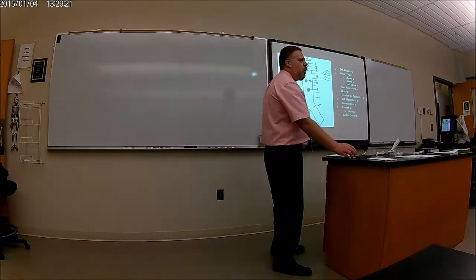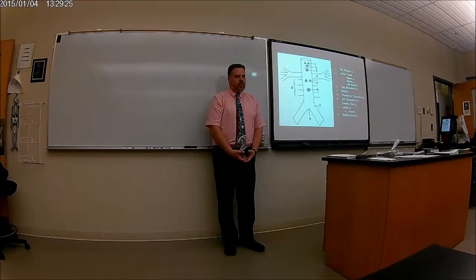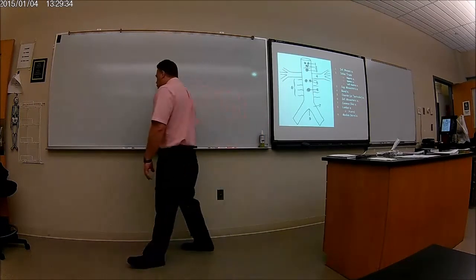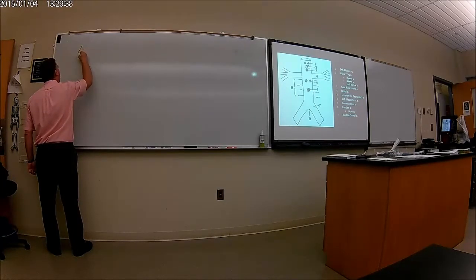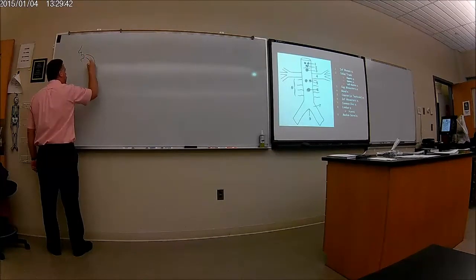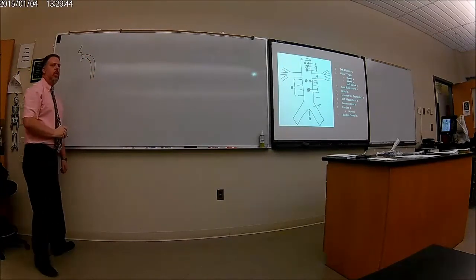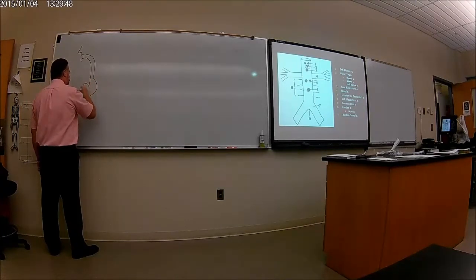Now, we have to show you where this blood supply goes to. So I'm going to give you a crash course right now on the digestive system. Okay? This is going to be the esophagus. It's a tube that goes from the oral cavity to the stomach.